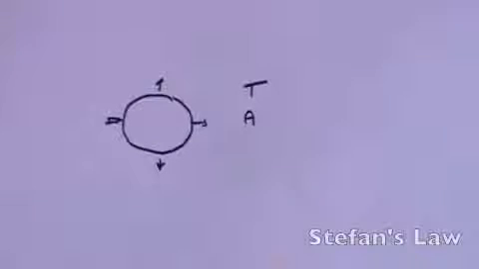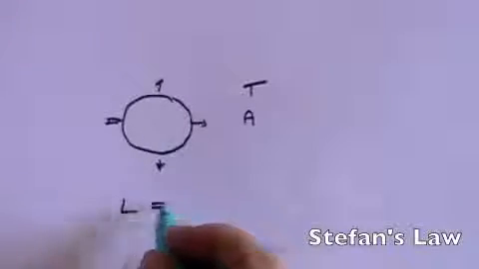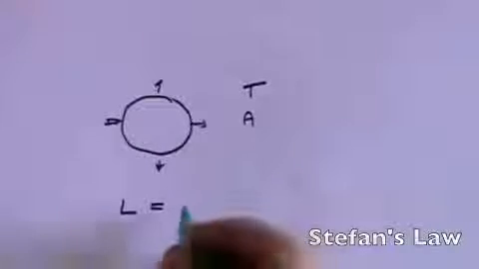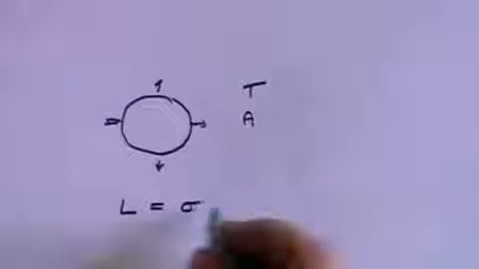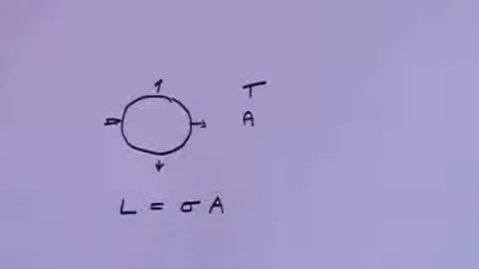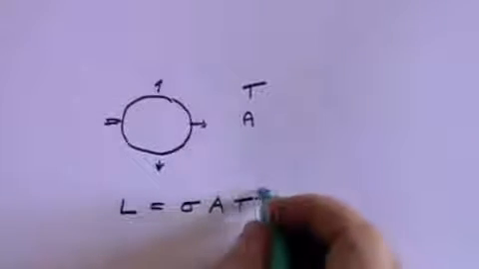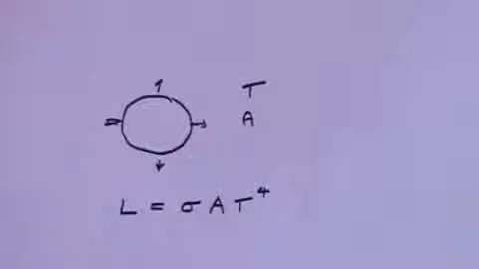This is Stefan's Law, which says that the luminosity of a star is equal to sigma, which is Stefan's constant, multiplied by the surface area of the star, multiplied by the temperature to the power 4.